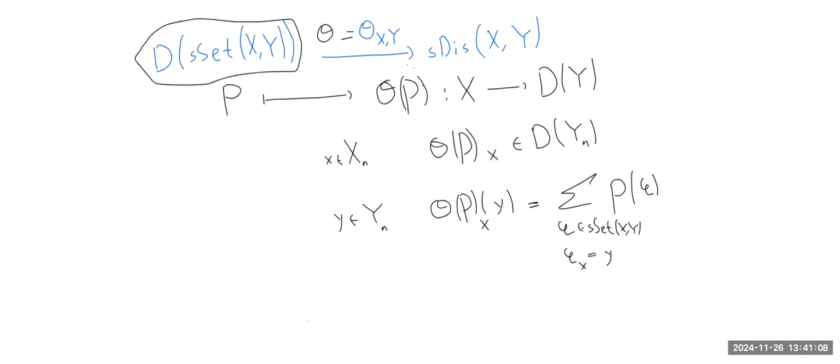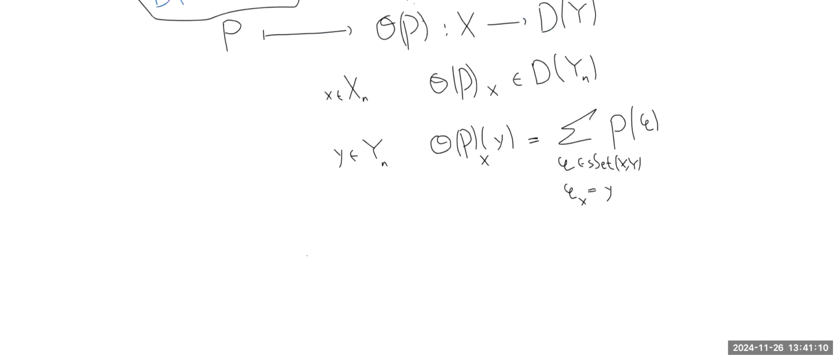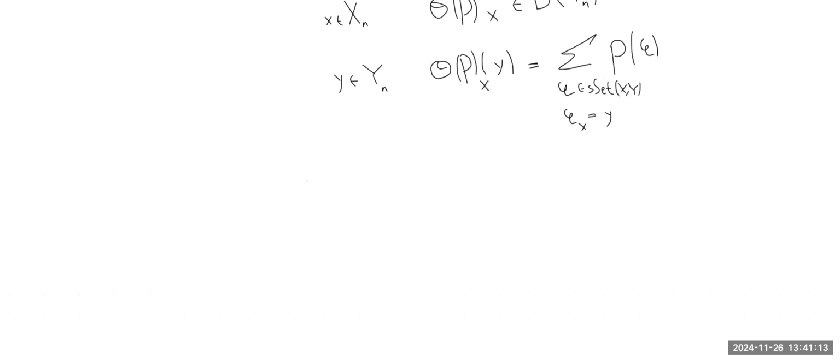So we can define this naturality through maps. What does that mean, through maps?